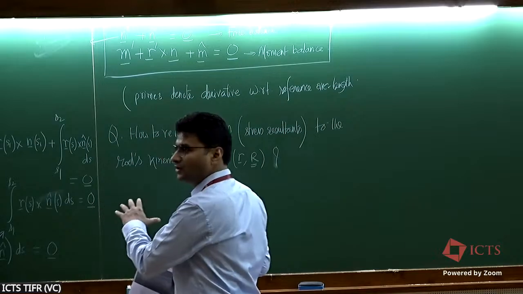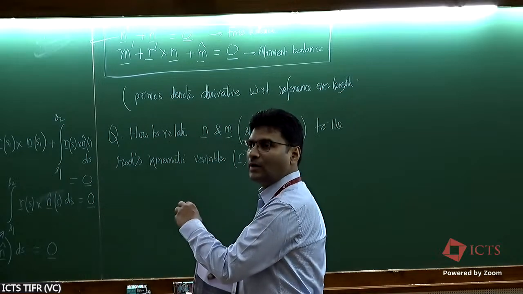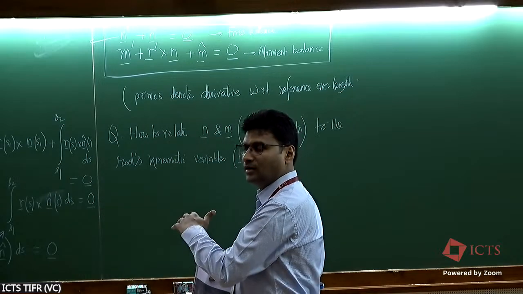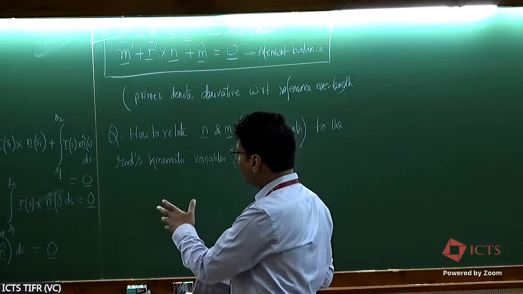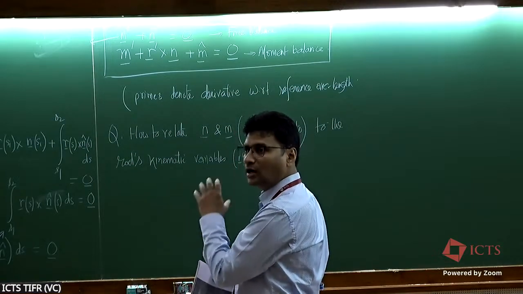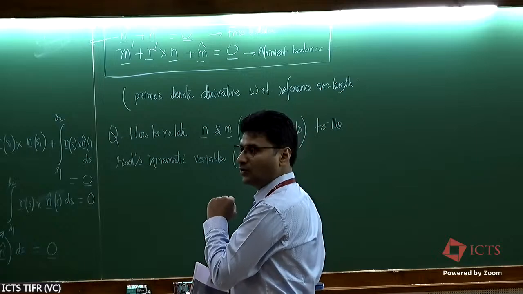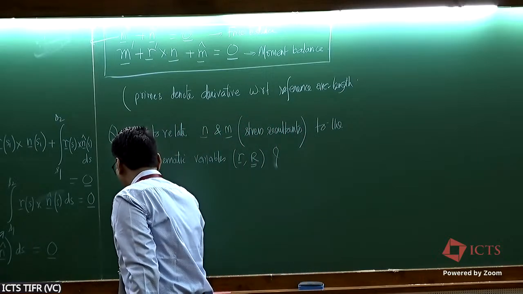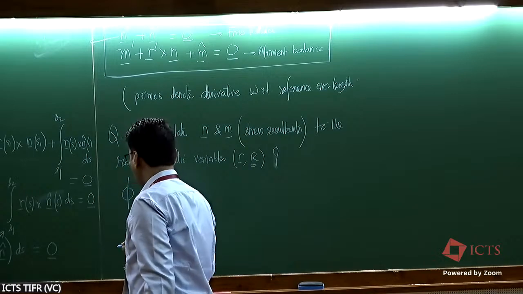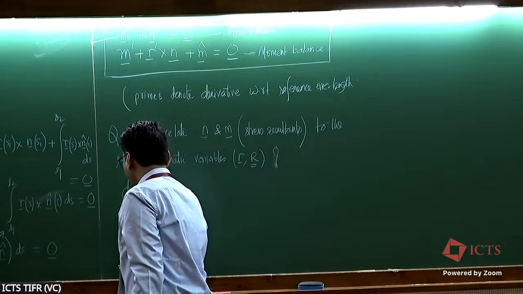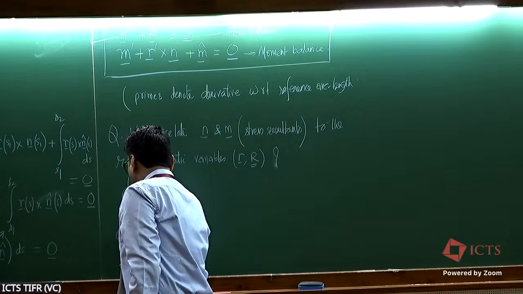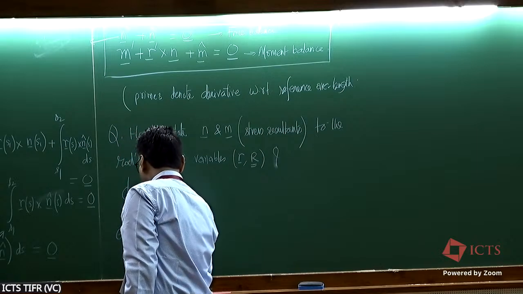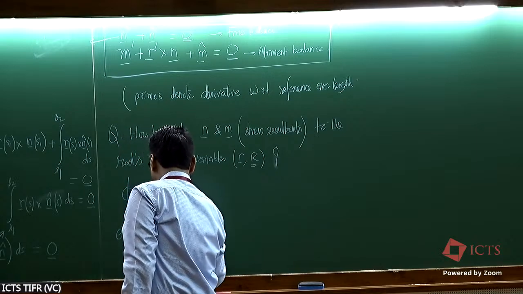Here, because it's a rod, we have energy per unit length. And to be more specific, it is going to be energy per unit undeformed length. Okay? So we have this function, let's say phi, which is going to denote energy per unit undeformed length.